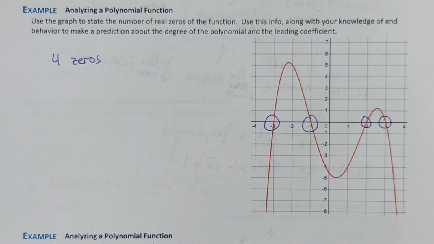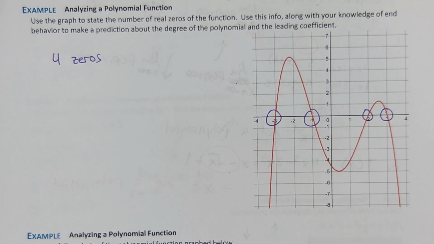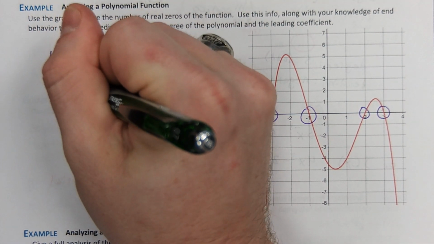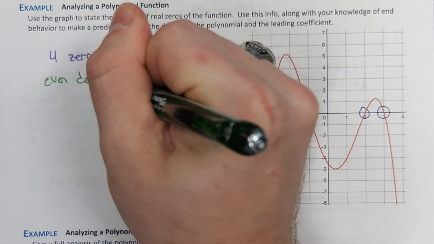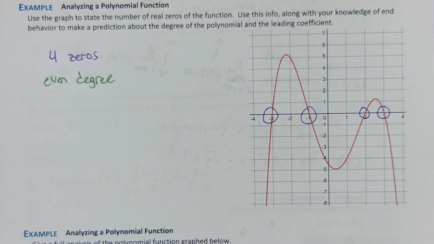The two endings of this graph both point down. They point the same direction. What does that tell me about the degree of this polynomial? If they point the same direction, it's even. Yeah. And since they both point down, what does that tell us about the leading coefficient? It's negative.